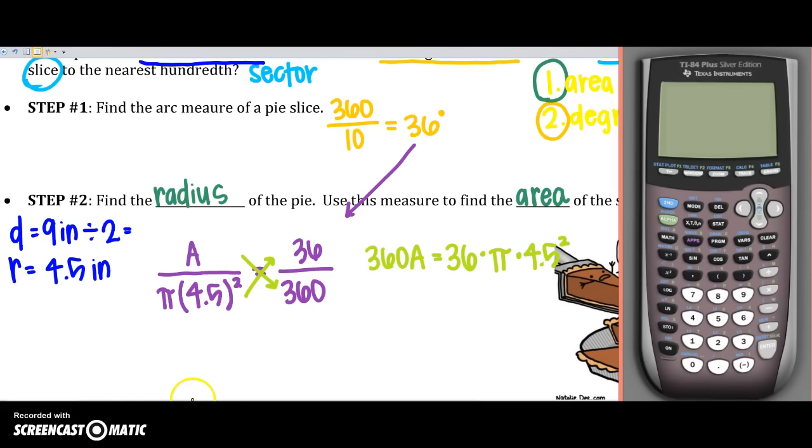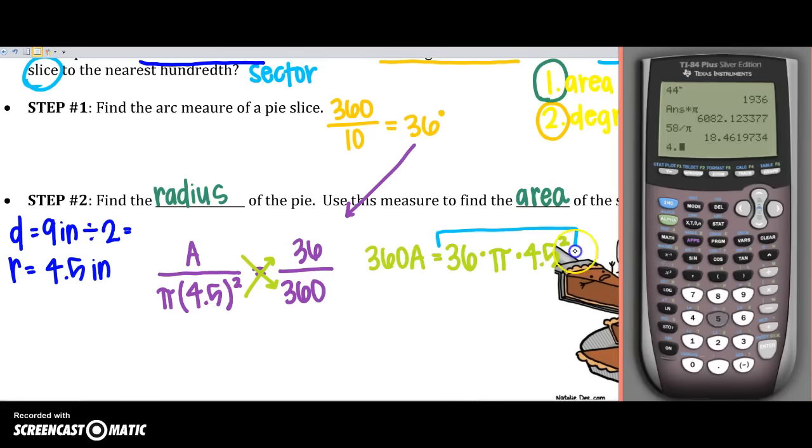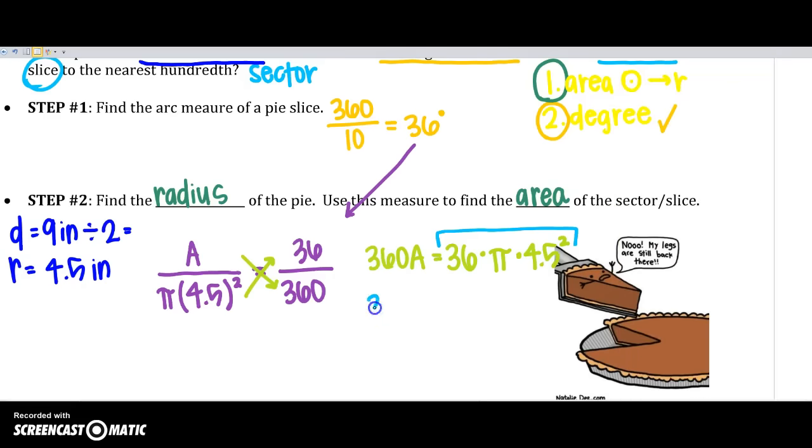All right, so in my calculator, I'm going to do this right-hand side first. So I'm going to say 4.5 squared, enter, times pi times 36. So that gives me 360A equals, remember, do not round too early, 0.22, let's see what that last digit was, 1.